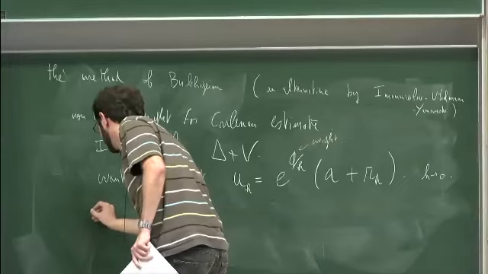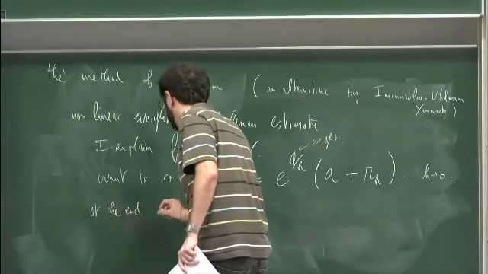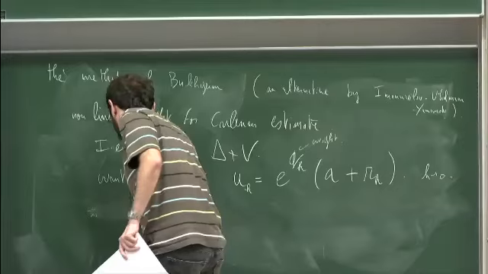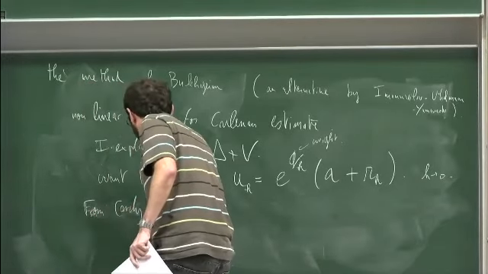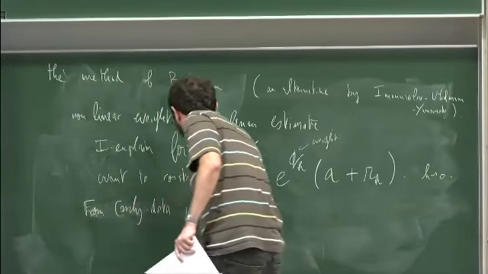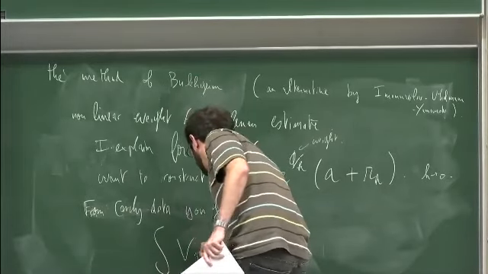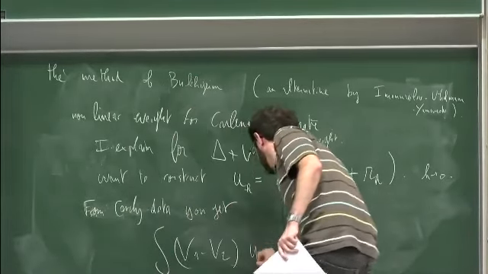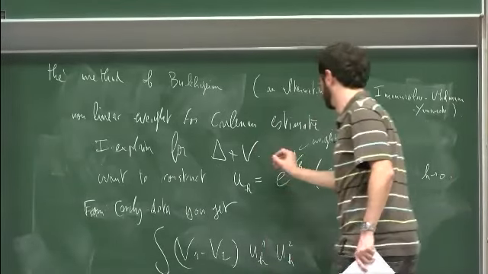So at the end, from Cauchy data knowledge, you get the integral of the difference of potentials against the product of the two solutions.